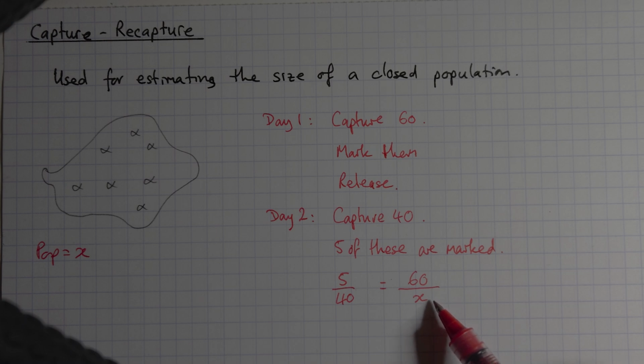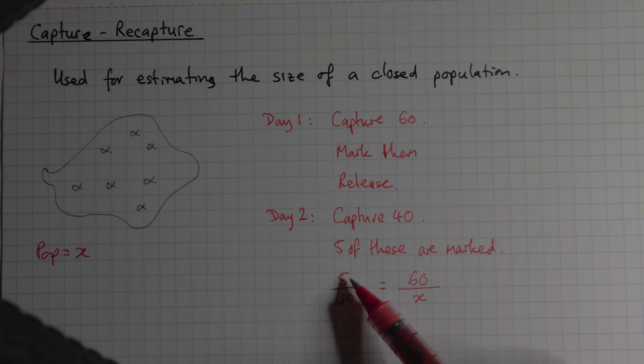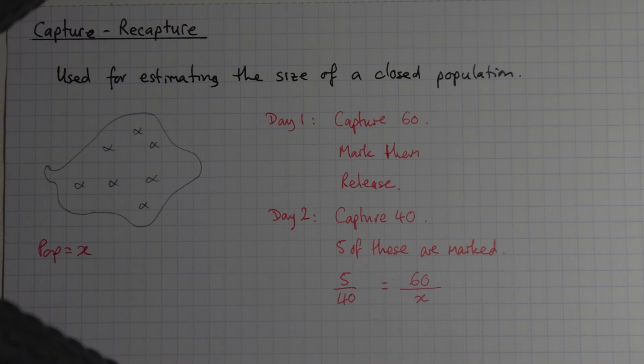And then a day later, once they've all mixed up again, I do a new capture. 5 out of the 40 that I capture in my second sample are marked in dye. And my assumption is if they all mixed up appropriately randomly, then these proportions are the same. The proportion that are marked in the first sample is the same as the proportion which are marked in the second sample.